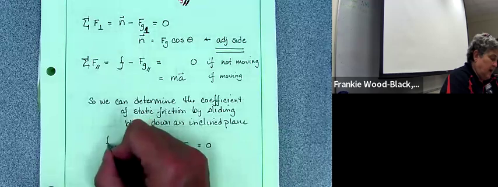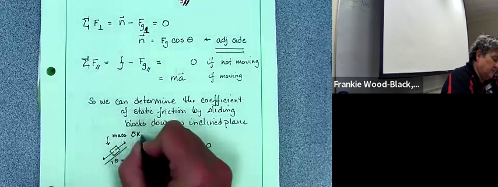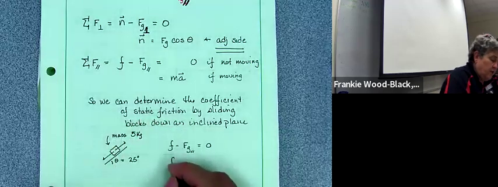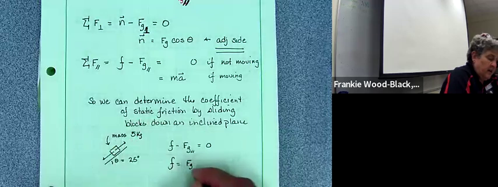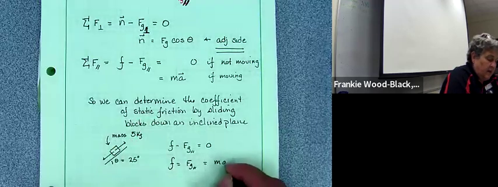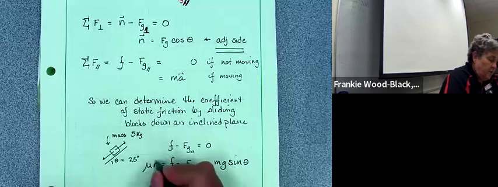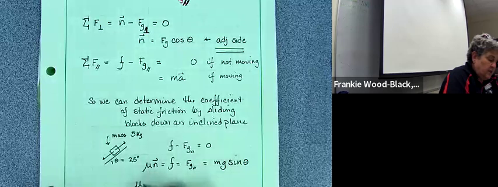We'll have the block have a mass of 5 kilograms. The force due to friction is going to equal the force due to gravity parallel. That equals mass times gravity times the sine of the angle, which equals the coefficient of friction times my normal force. But the coefficient of friction times my normal force is the coefficient of friction mg cosine of theta.